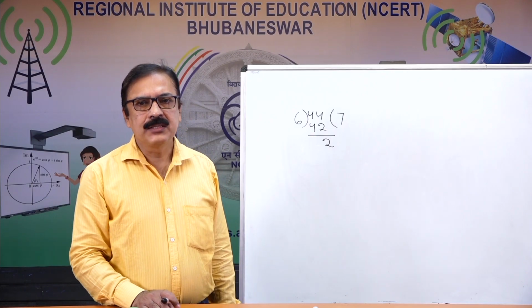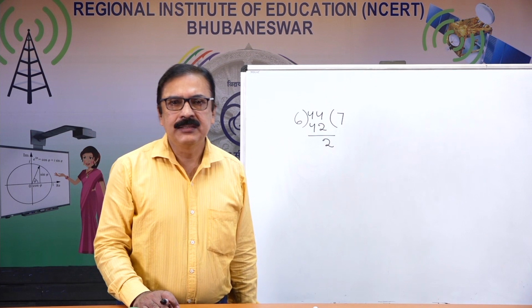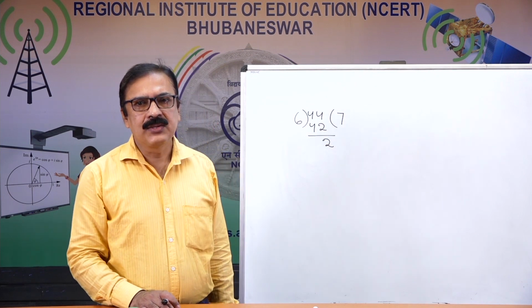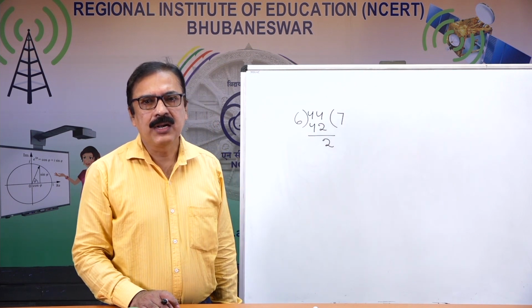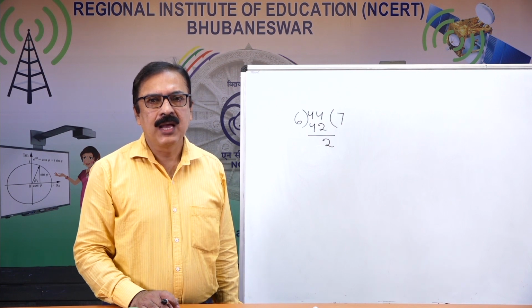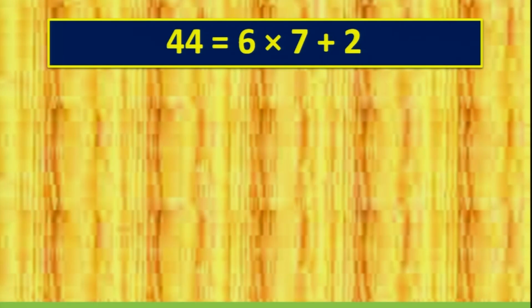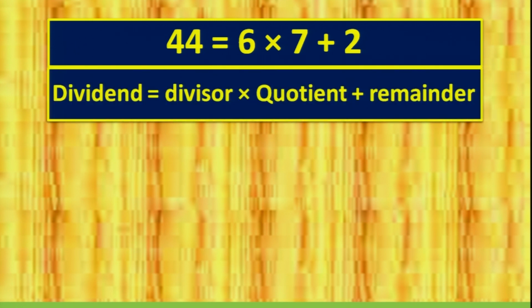Now from this, what do we get? We can express 44 in terms of 6 as 6 into 7 plus 2. We can generalize it as dividend is equal to divisor into quotient plus remainder.